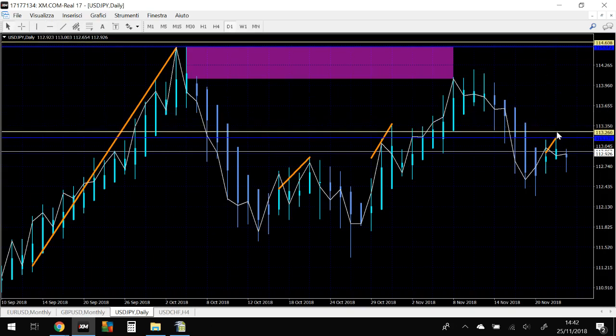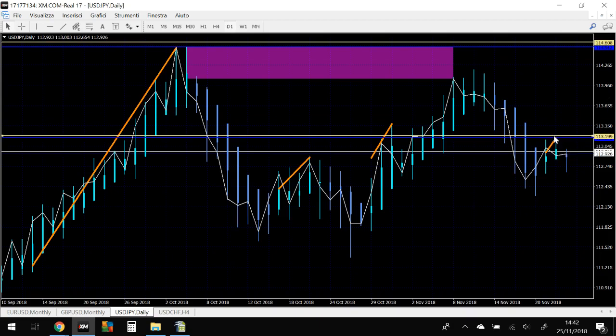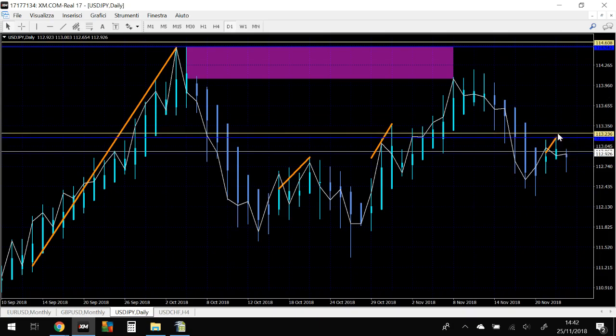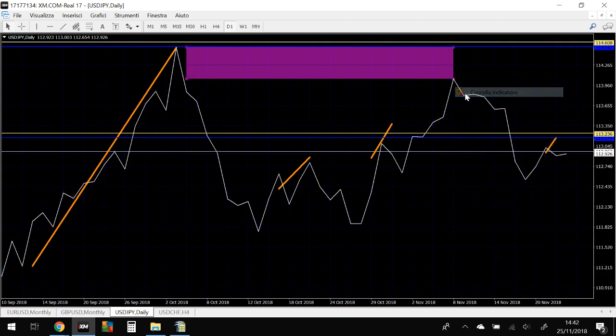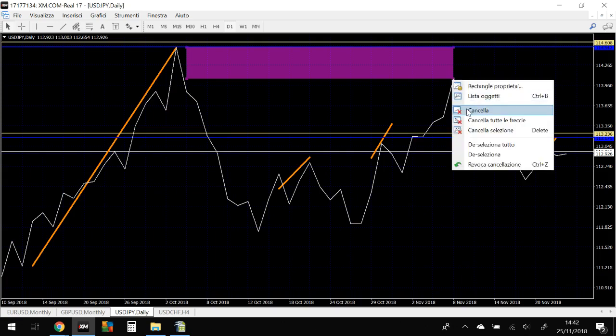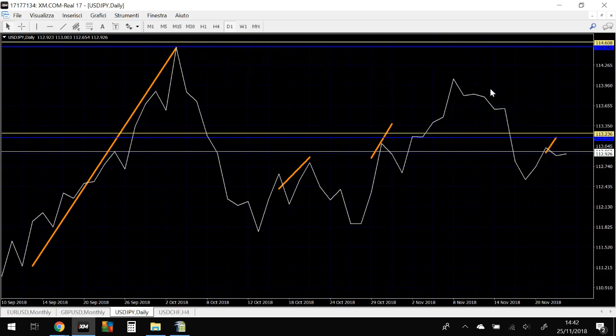Now, this is the situation. I made a mistake. So, yes, as we see, in this period of time, you've been profiting all these price movements, this price movement, this price movement, and this price movement.